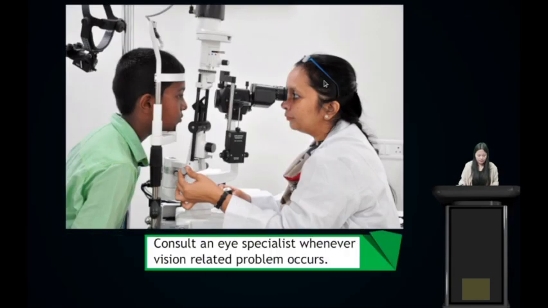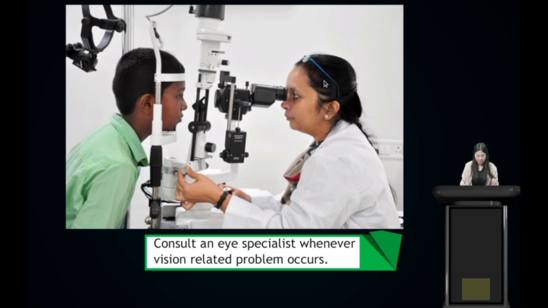The next we have is, consult an eye specialist whenever a vision related problem occurs. Our eyes are very sensitive, so we have to be extra careful in taking care of our eyes.